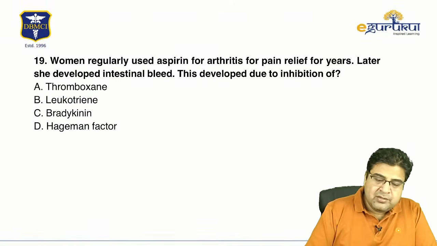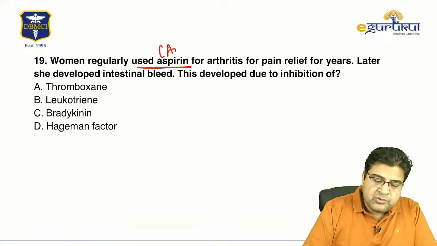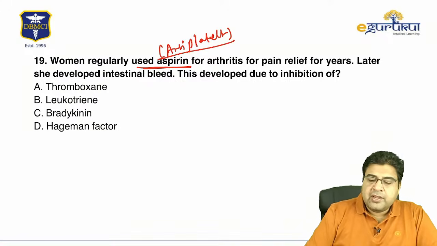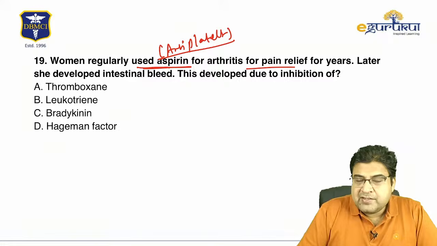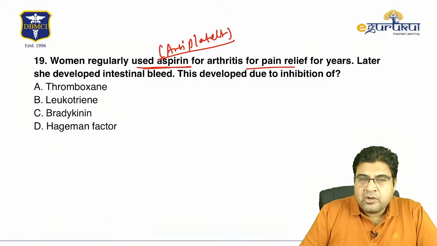So question number 19. A woman regularly uses aspirin. Aspirin is also used as an antiplatelet drug, the most commonly used antiplatelet. She used this medicine as a painkiller, the other use of aspirin. Now she developed bleeding because the drug is an antiplatelet.